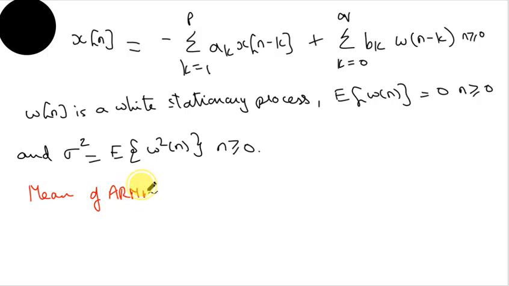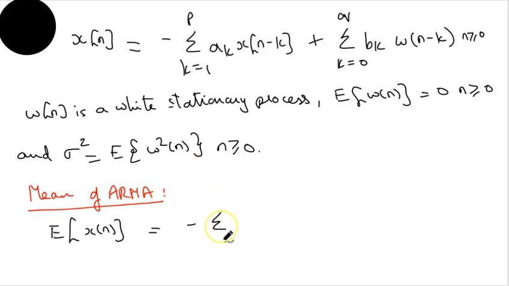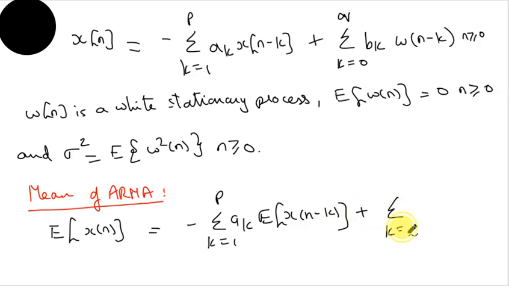So, the mean of our ARMA process: to find the mean, I need to take the expectation of my x of n, and this is nothing but minus summation k equals 1 to p, a_k comes out, I have E of x of n minus k, plus summation k equal to 0 to q b_k E of w of n minus k. These will be the two terms which I will be having for all n greater than or equal to 0.